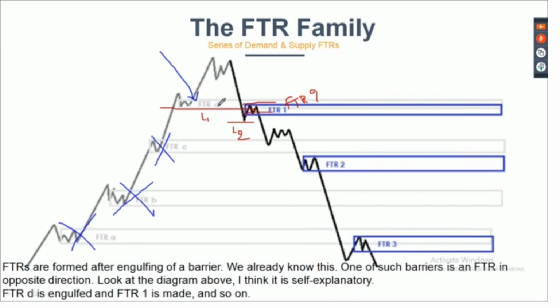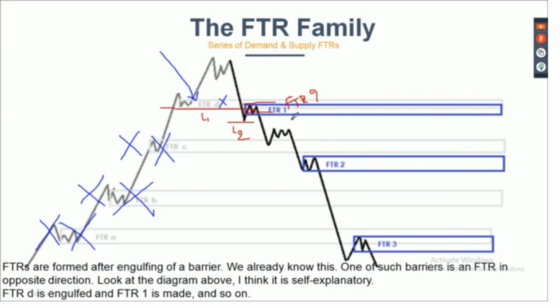The moment the topmost FTR D is destroyed, automatically FTR C, FTR B and FTR A are also destroyed. You can never trade those. Then what will we trade? We will only look for supply FTRs.